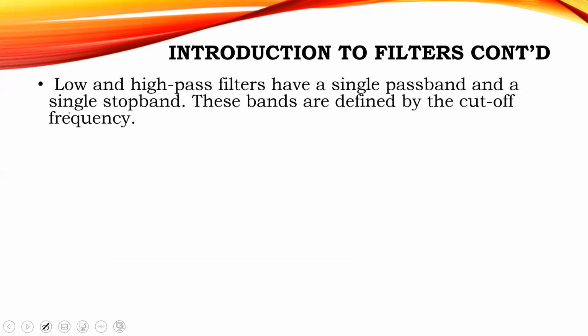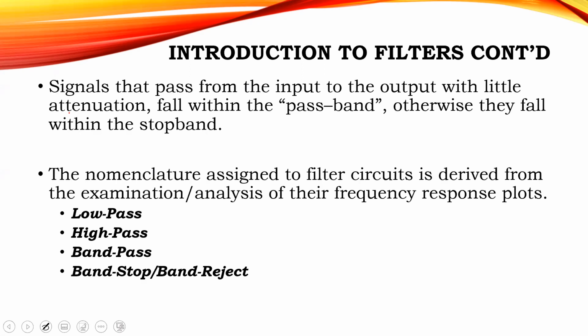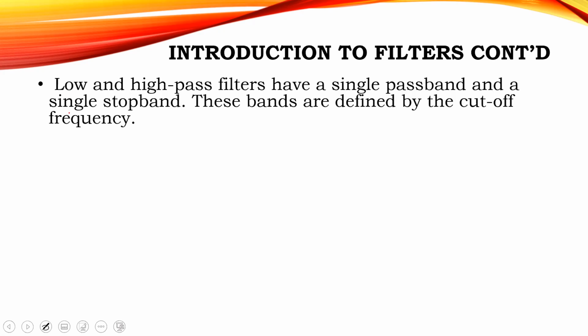So your low and high pass filters. Going back to the nomenclature that we just spoke about, we have the low pass and the high pass. Yes? The low pass and the high pass have a single pass band and a single stop band. And the point of demarcation, where we separate the pass and the stop band, is dependent on what we refer to as the cutoff frequency.